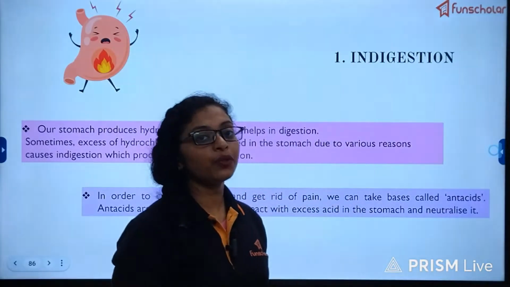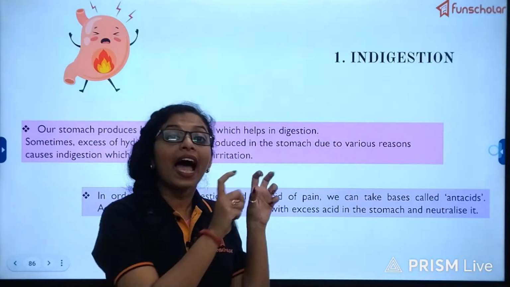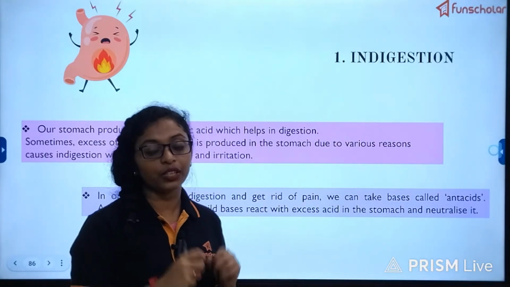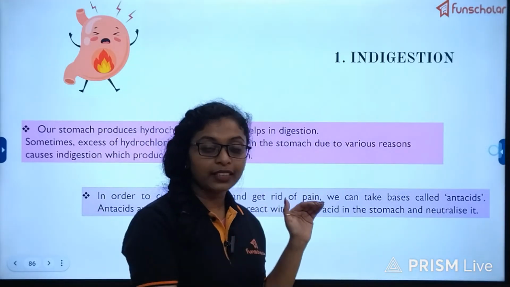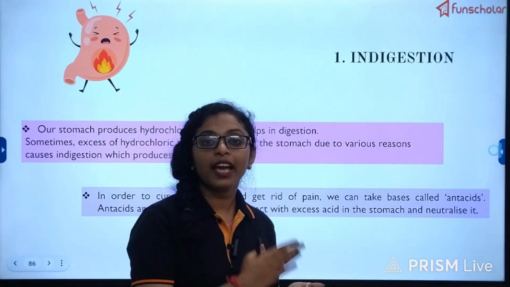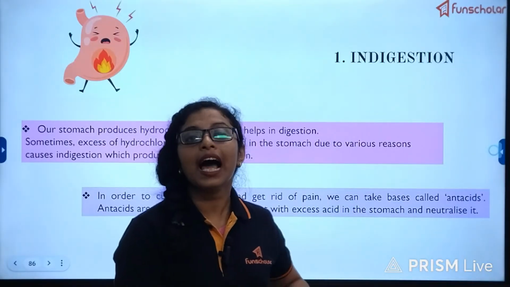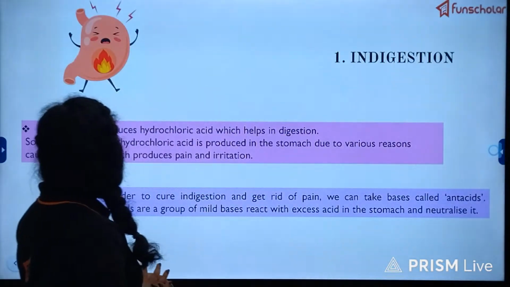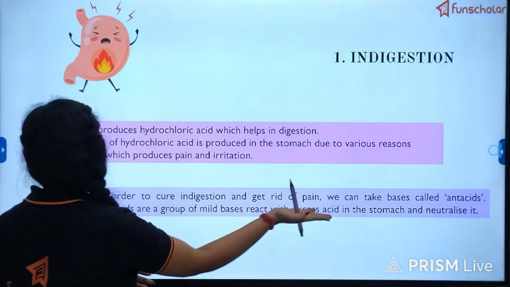Okay, so whenever you say that you have a stomach ache due to acidity, why is it called acidity? Because the entire irritation starts due to the production of an excess amount of acid, which is hydrochloric acid, right? So our stomach produces hydrochloric acid, which helps in digestion.